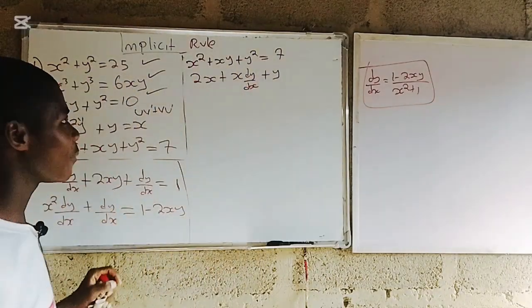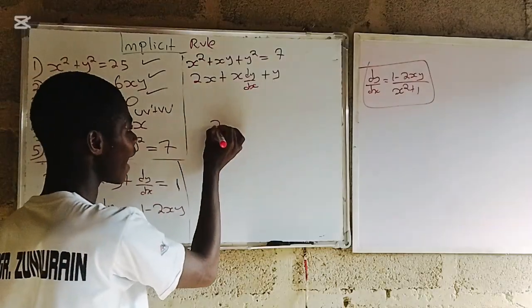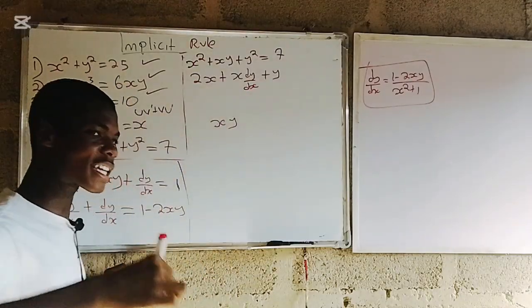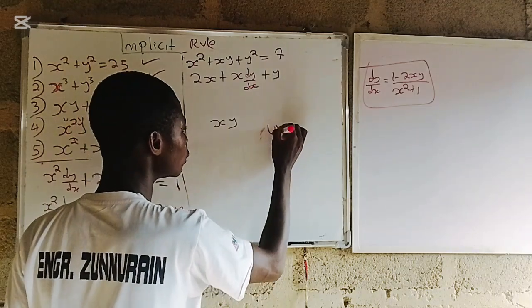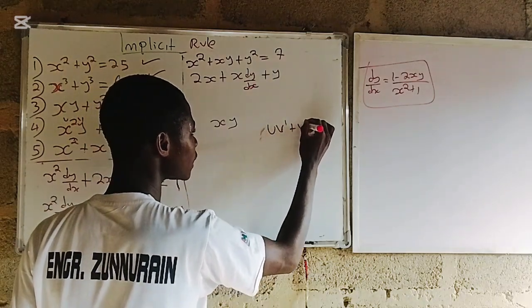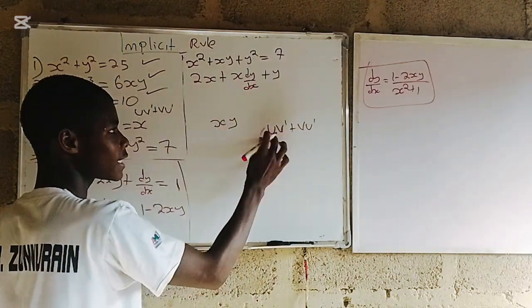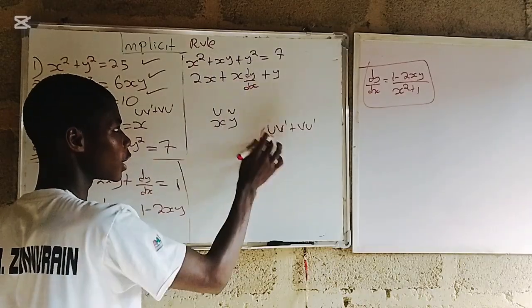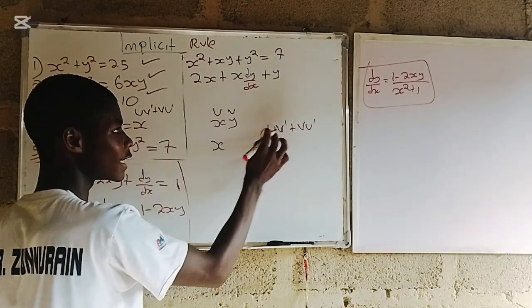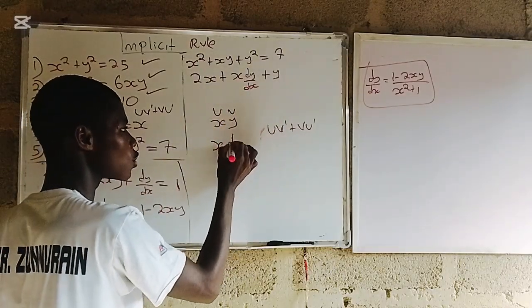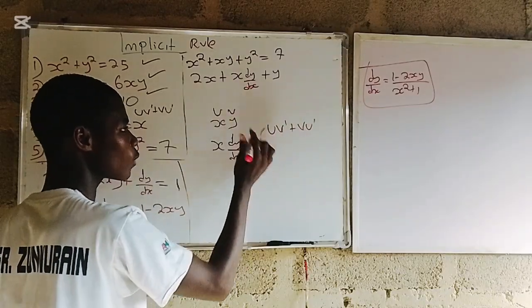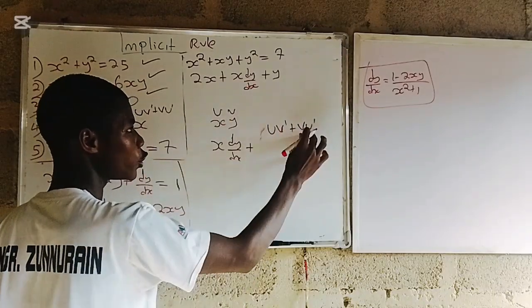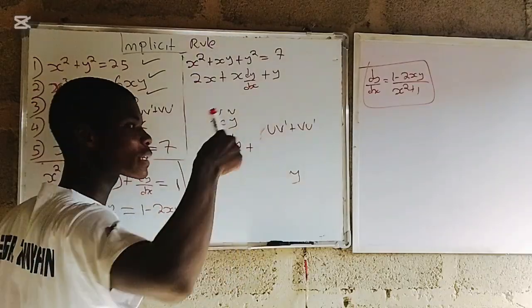Don't ask me why, because of the product rule, x and y, as I am explaining all the time: u v prime plus v u prime. This is u, this is v. U is x, differentiate v, y is v, so it will be dy/dx, plus v, which is y, and u prime, which is 1.